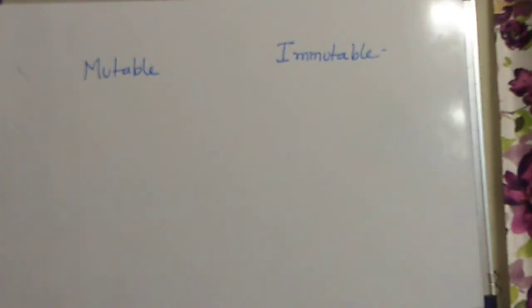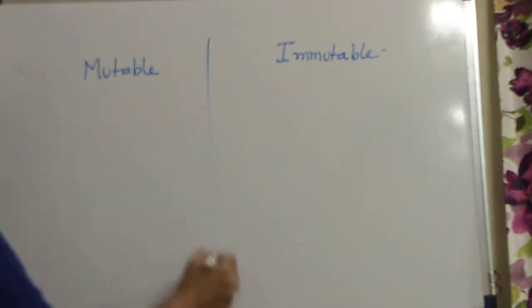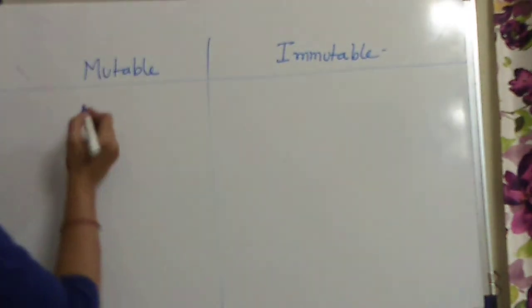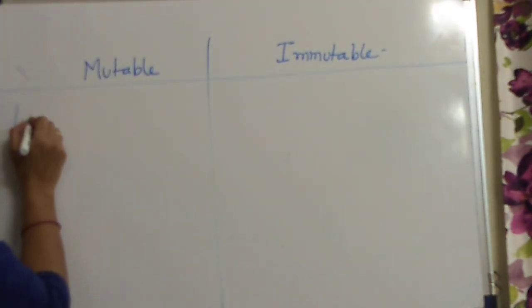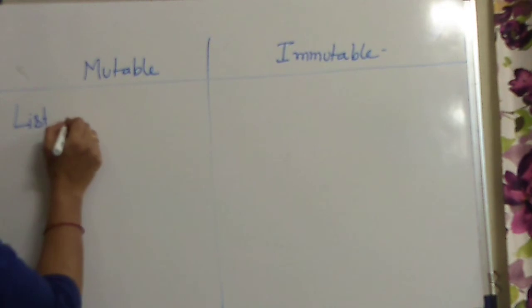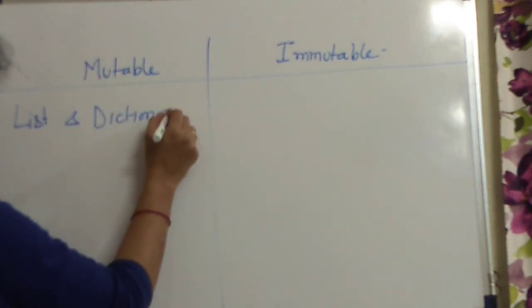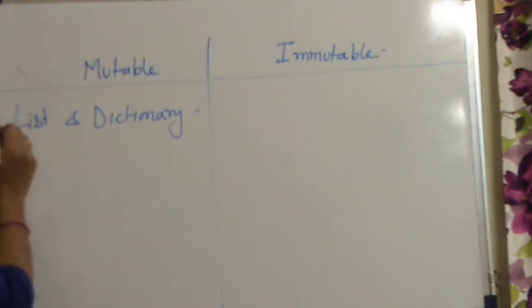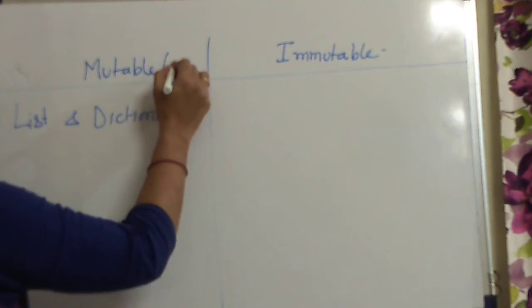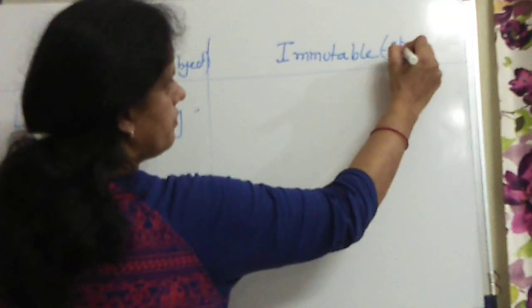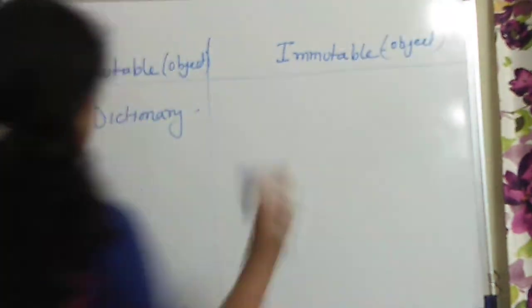Now, first of all, I am going to tell you examples: data structures like list and dictionary are mutable objects. Clear? Mutable objects and immutable objects.